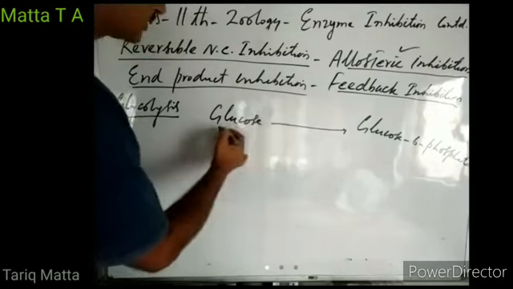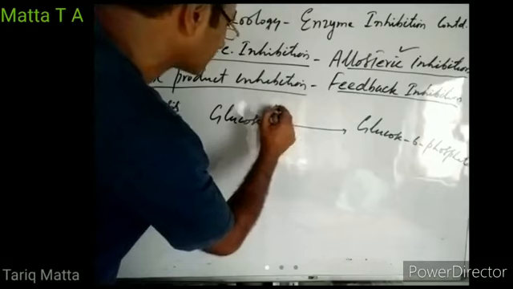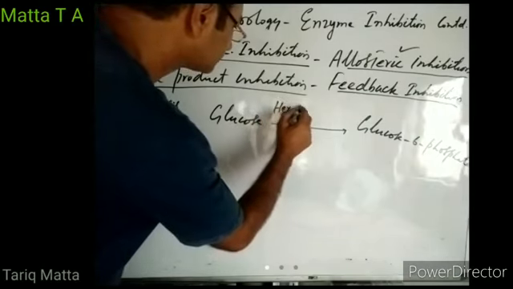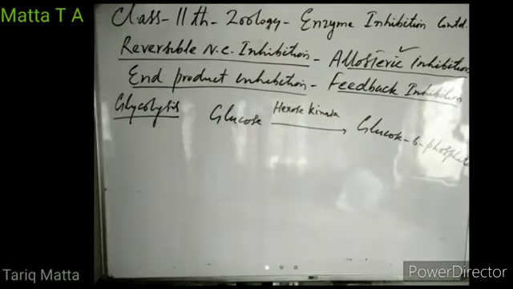And this conversion of glucose to glucose 6 phosphate is regulated by an enzyme, hexose kinase. This hexose kinase is an allosteric enzyme.